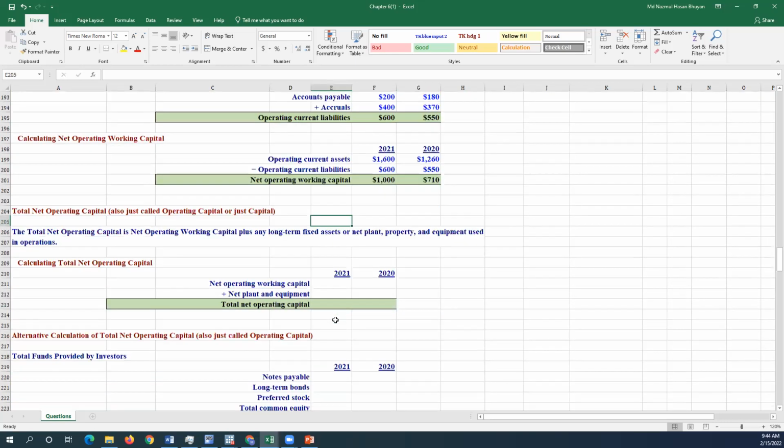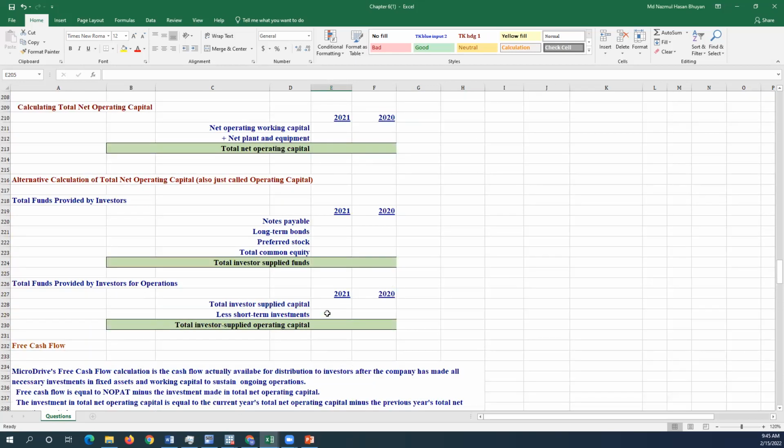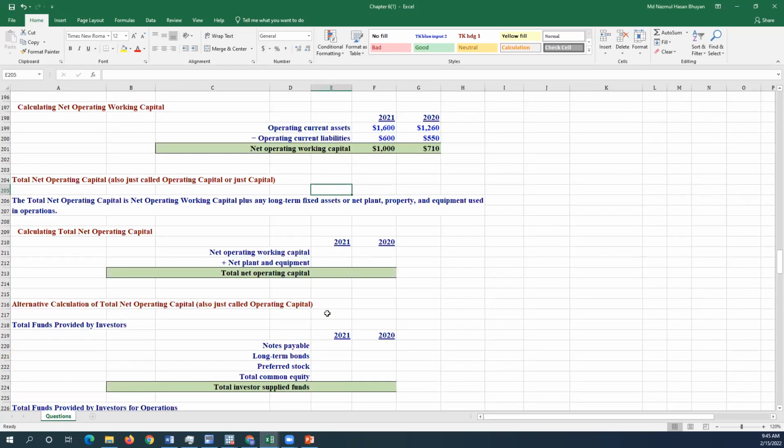Okay, now let us calculate net operating capital in a different way. First, let us calculate our net operating capital here.